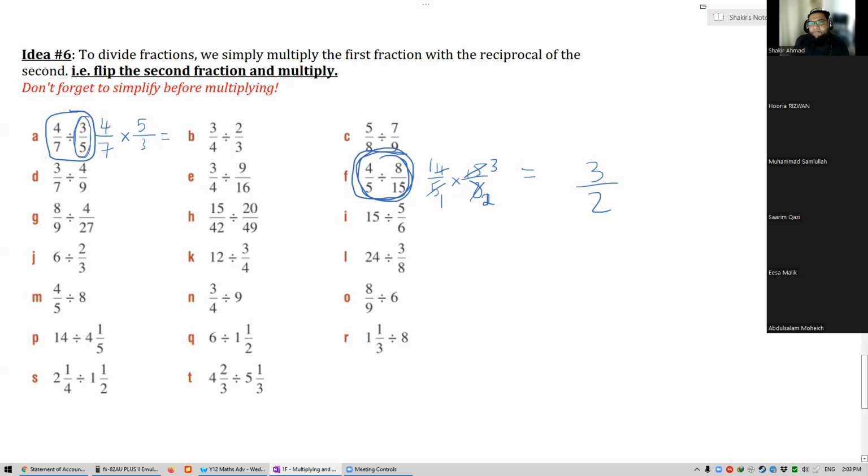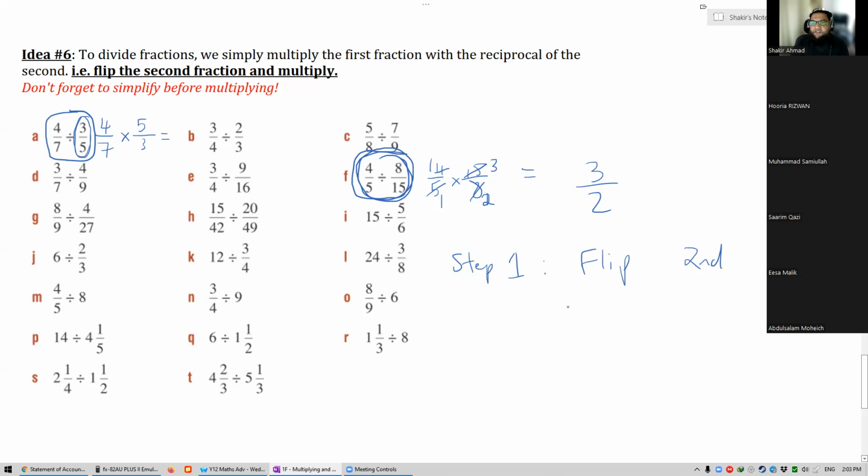Flip the second one, simplify first, then multiply top by top and bottom by bottom. So there's 3 steps. Inshallah, you'll be fine. You guys are bright kids. 3 steps. Step 1, flip second fraction.